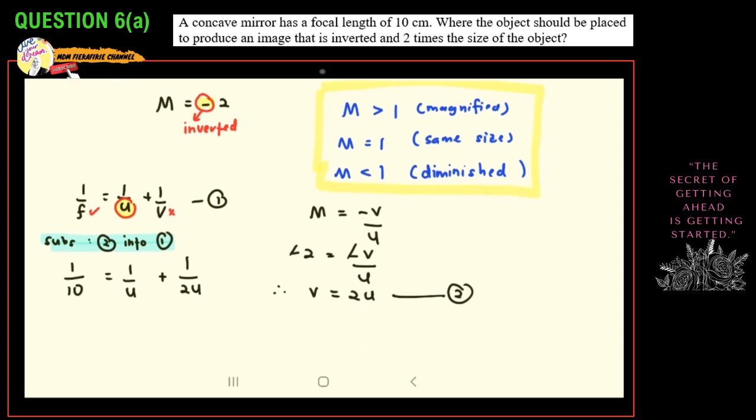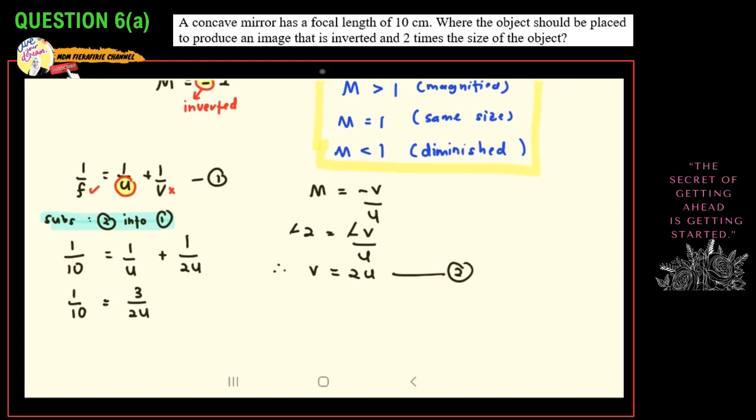Okay, so let's calculate, 1 over 10 is equal to 3 over 2U. So therefore the final answer, U is equal to 3 over 2 times 10, so it's equal to 15 centimeter.